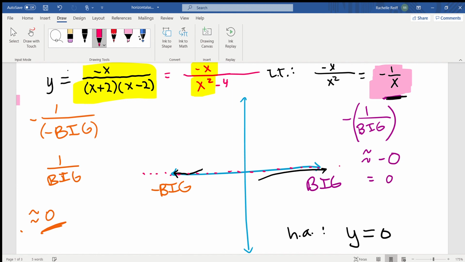As long as there's a constant on top, like 1 or maybe 5, and the bottom has x cubed or x squared or something like that, your horizontal asymptote will always be 0. So that's something you can just memorize if that helps you, okay?